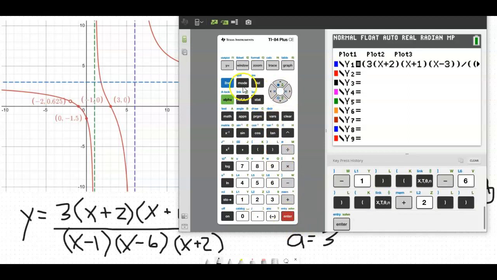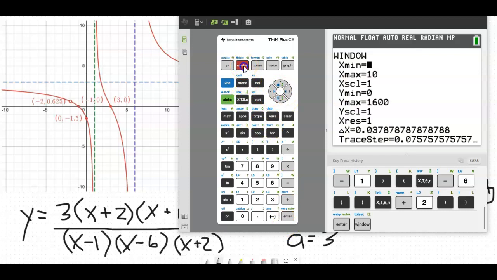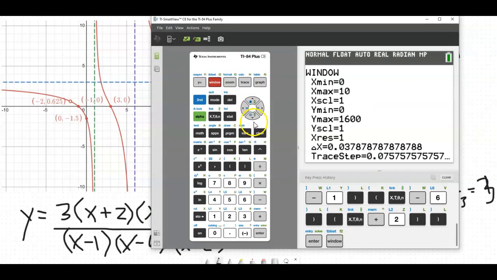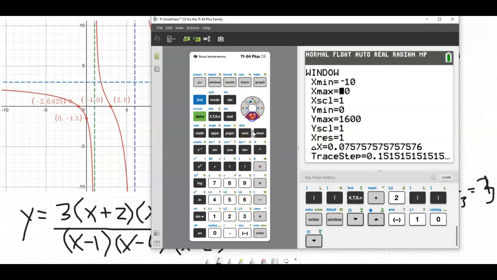Now before I graph it, I want to adjust my window to match this one. It looks like the x values go from -10 to +20, so x min should be -10 and x max should be +20, because I'm trying to match it up with this one. And then it looks like my y's go from -10 to +10.